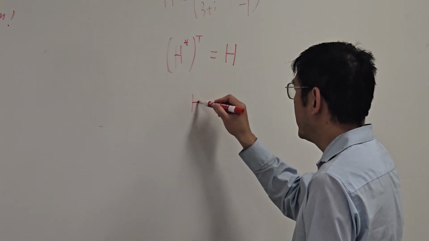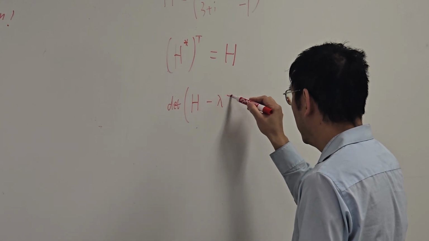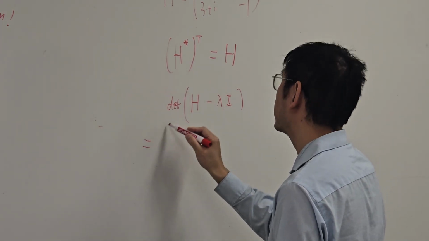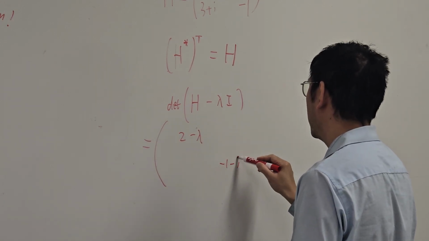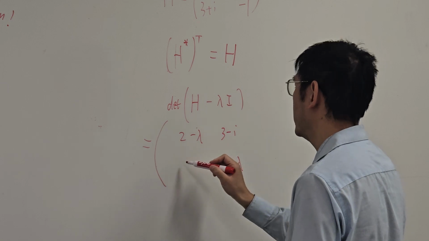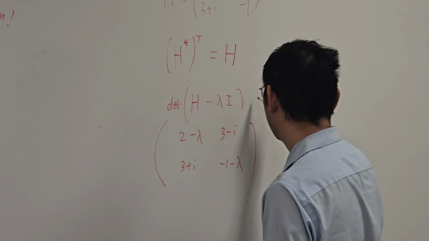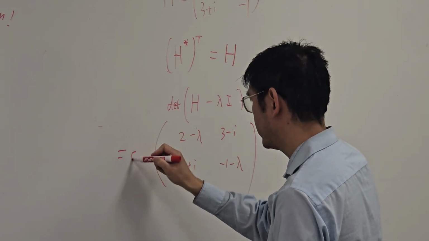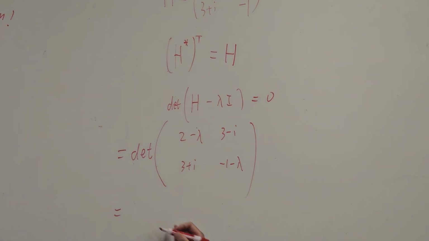So let's find the characteristic equation. It's (2 minus lambda)(minus 1 minus lambda) minus (3 minus i)(3 plus i).